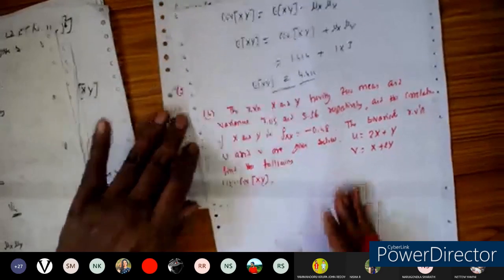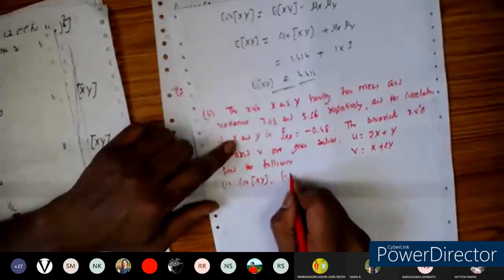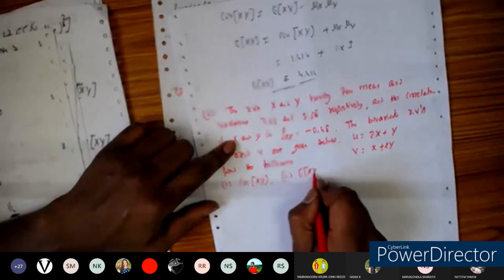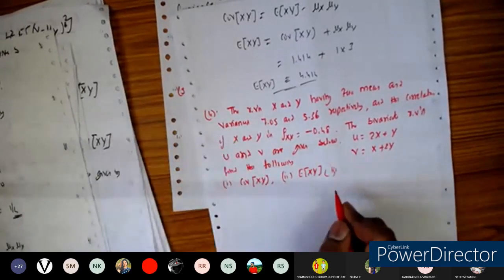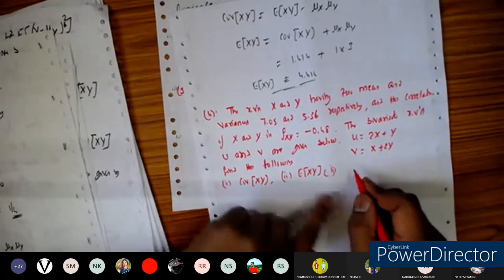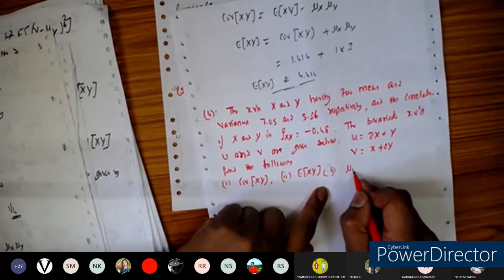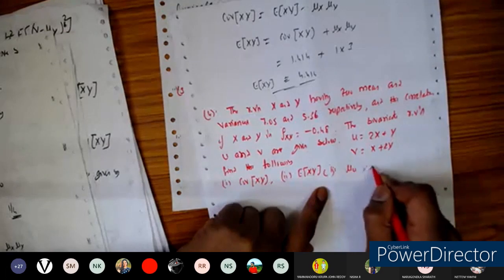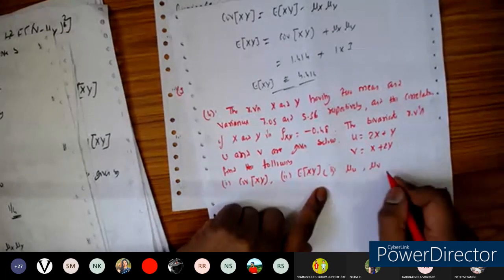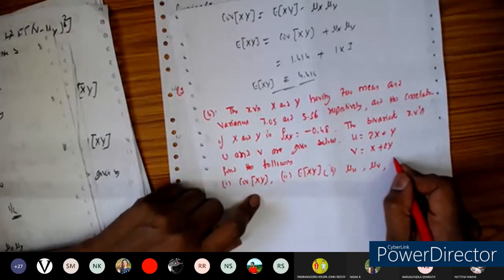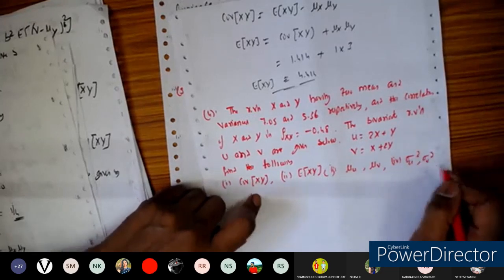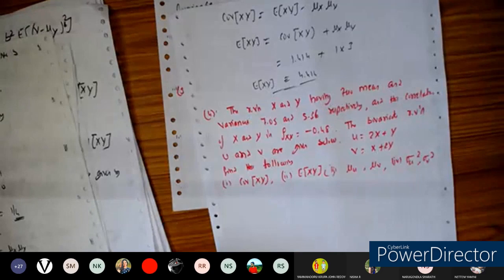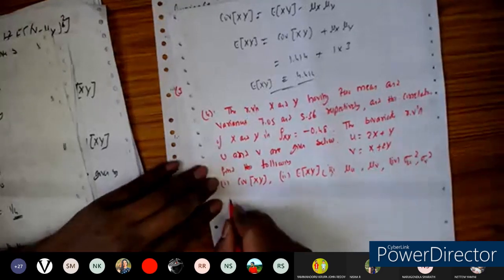Next one is correlation, expected value of XY. Then the mean of random variable U and the mean of random variable V. Fourth one is sigma U square, sigma V square.